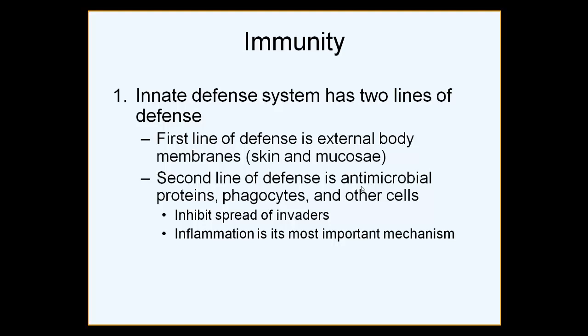You will have intact skin, mucosa, acids, and secretions that are hostile to organisms and pathogens. You will have enzymes like lysozymes secreted in your sweat or your saliva, and digestive enzymes in your intestine.